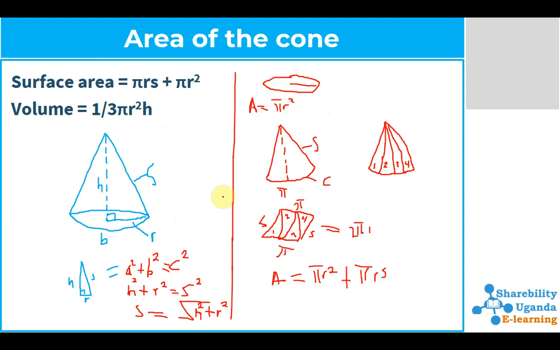Then we can now be able to put in the values when we are given, and substitute in after we have understood how this formula came about. Okay, so in this we shall be able to deal with more examples and see how we can solve questions that are related to our cone.